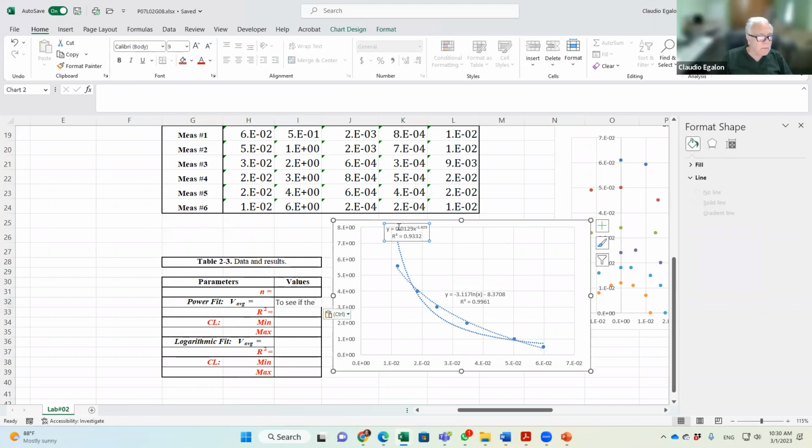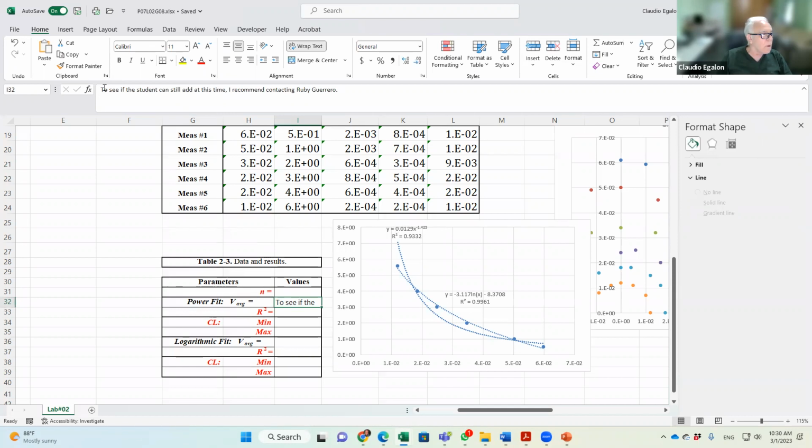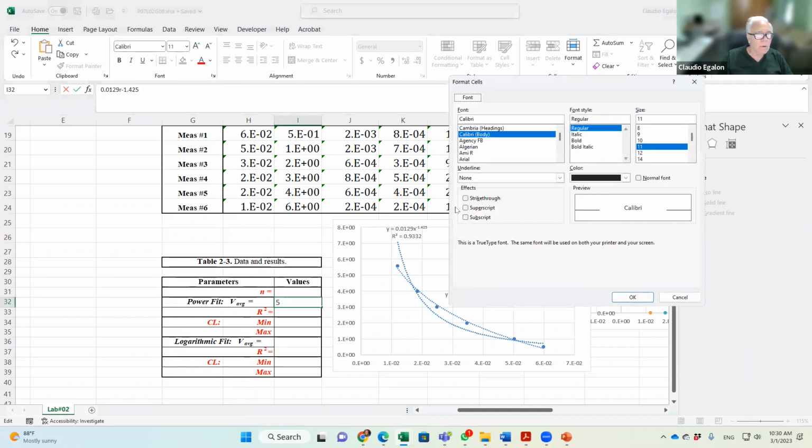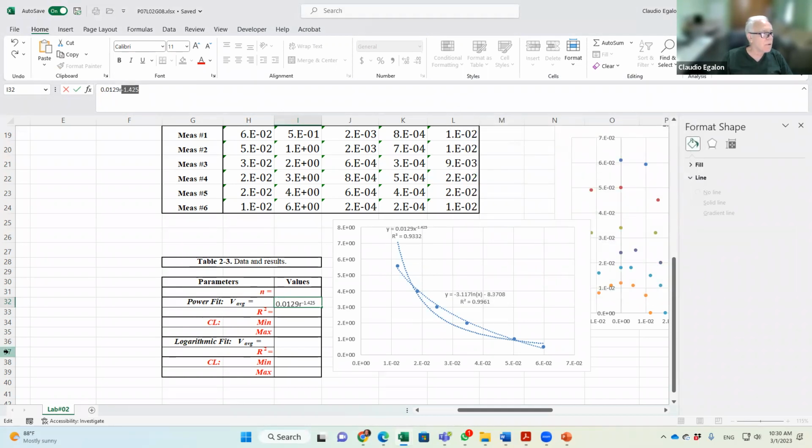Oh, no, that didn't work. Let me try again. Now I might want to put R here instead of X, and raise this one to the power, superscript.